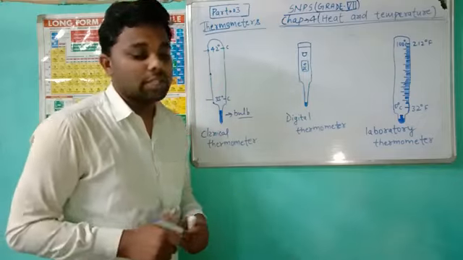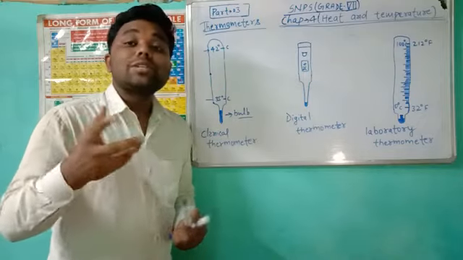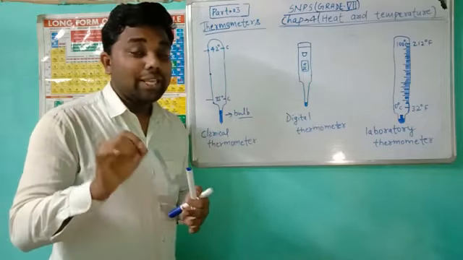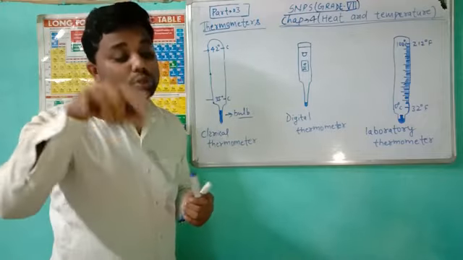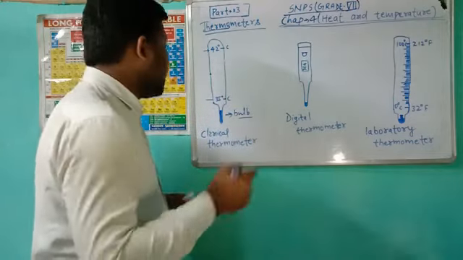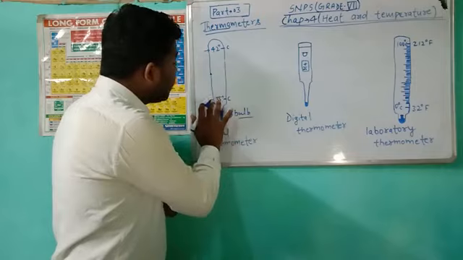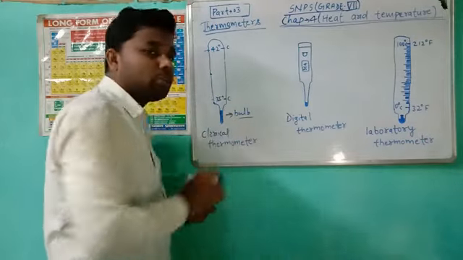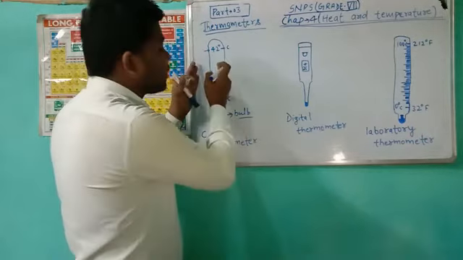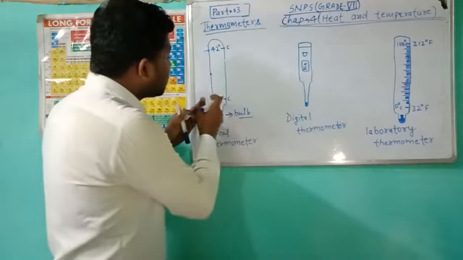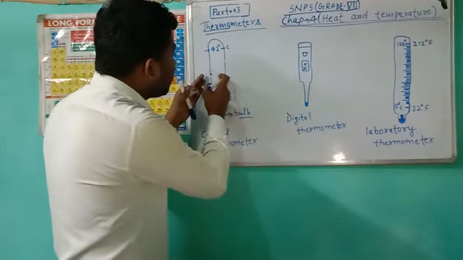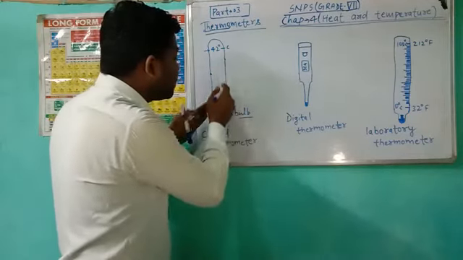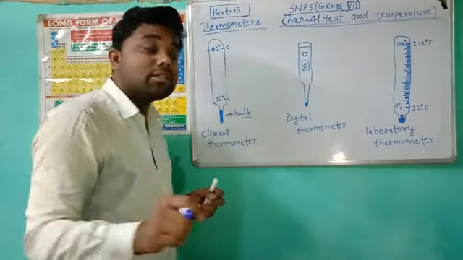The first one is it does not stick. Mercury does not stick to the wall of the thermometer. If mercury is present in the bulb of a thermometer and it rises after getting heat, it cannot stick on the thermometer's wall. So it is its first cause.